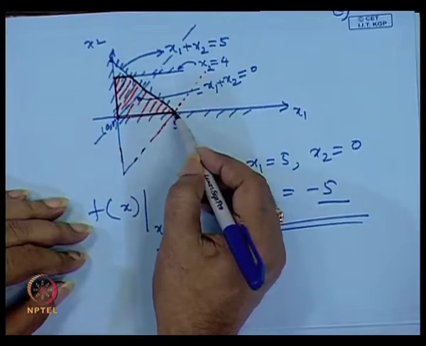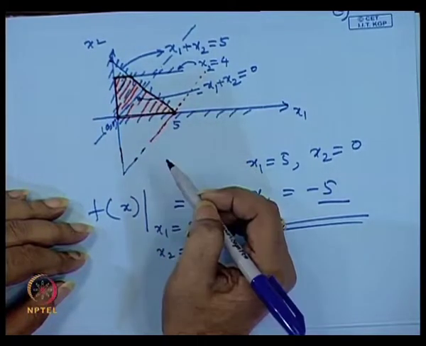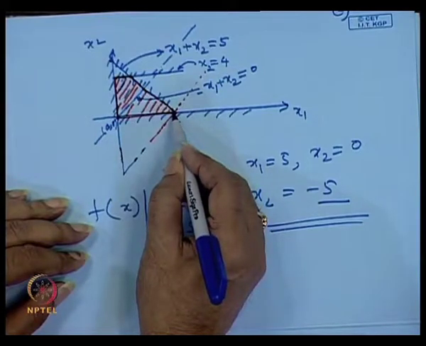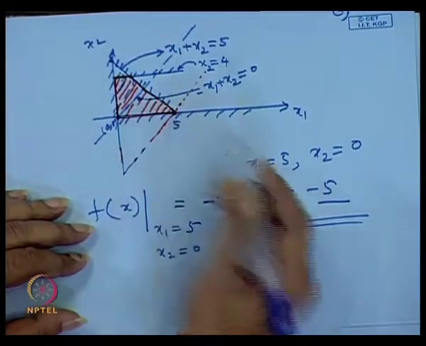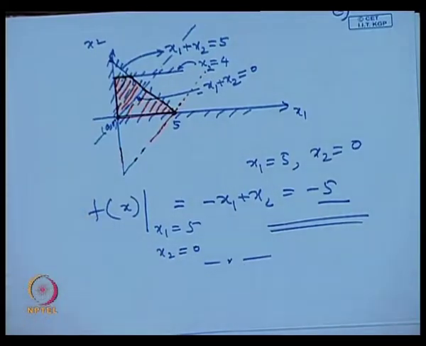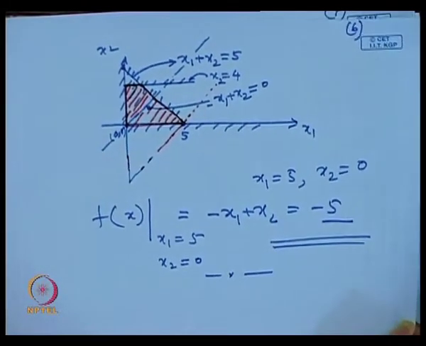It will give you the optimum value of this function. In this case, this vertex gives the optimal value. So at this moment we know how to solve the linear programming problem using the interior point method.